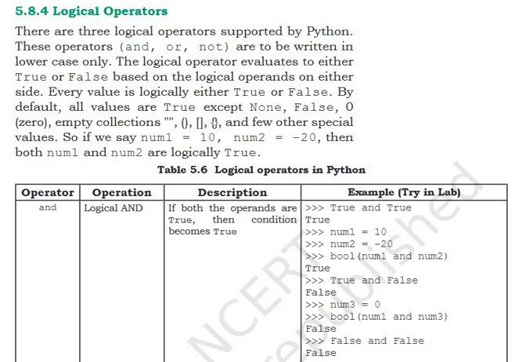So if both the operands are true, then only the resultant is true here. Look at the example. Num1 is 10 and num2 is equal to minus 20. Num1 and num2.